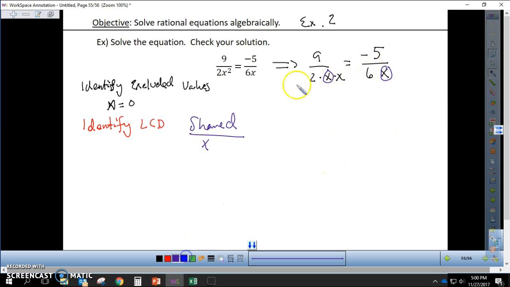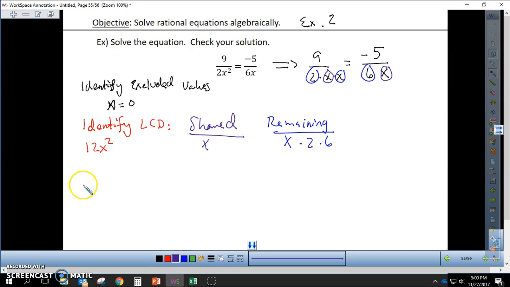Now here's a common question: what about that second x? Well, that is remaining. I have an extra one here, so I need to include this, and you'll see why in a moment. And then I have a 2, and I have a 6. So if we're trying to identify our lowest common denominator, it's 2 times 6, which is 12, and then I have 2 x's. So 12x squared is our lowest common denominator.